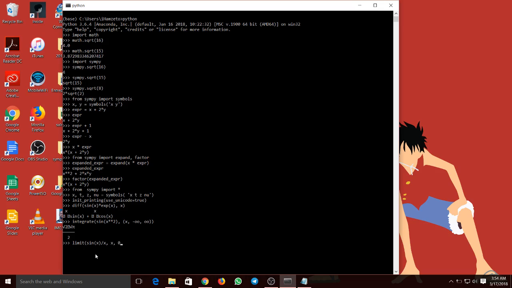That's what we're trying to find: the limit of sine x all over x as x goes to 0.